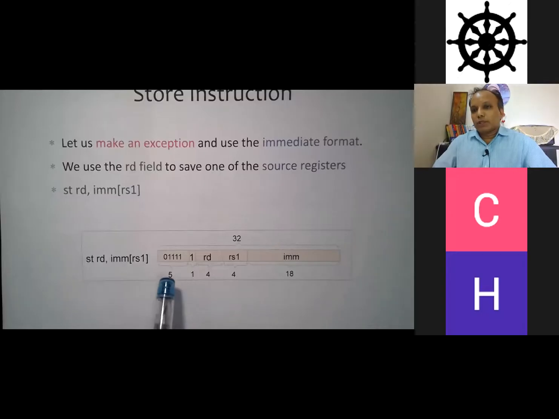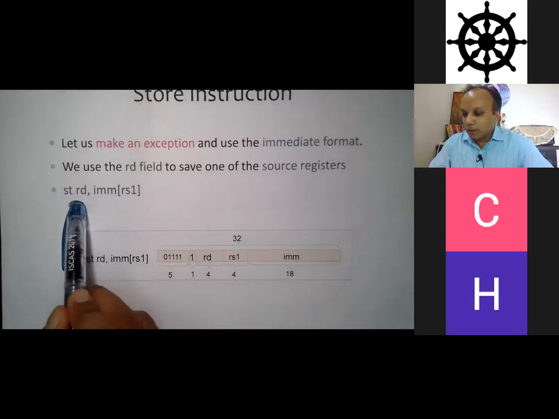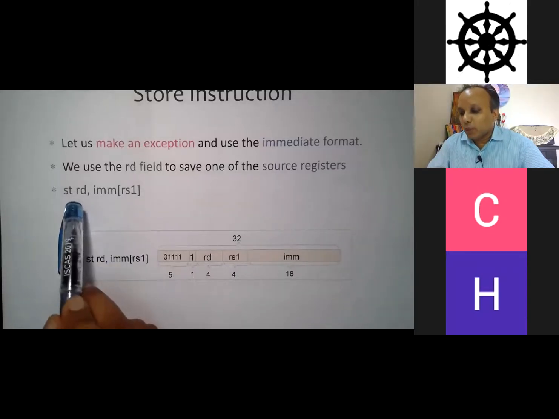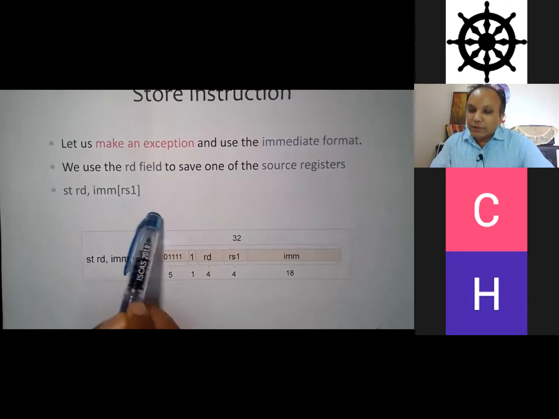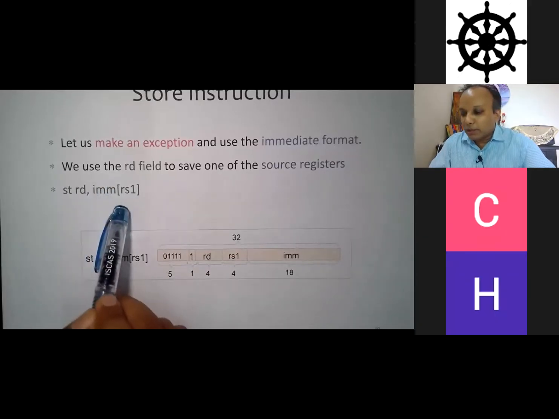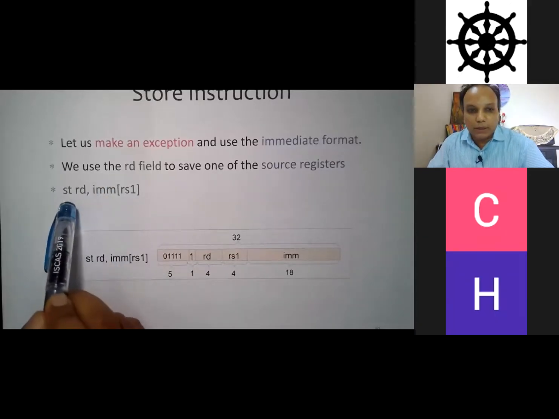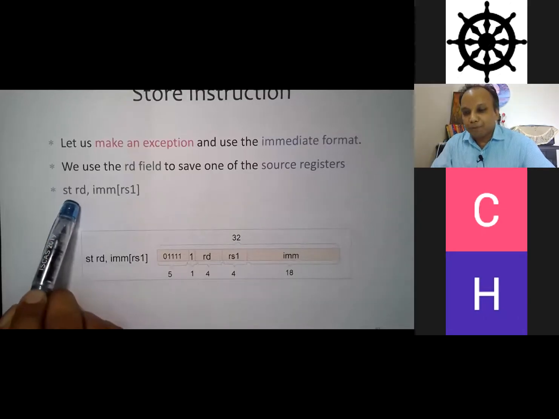The store instruction we have also discussed in the last class. There we have to make some exceptions, because here you have two registers. Both these registers are nothing but source registers, because this address is the destination where you want to store the data, and the source of the data is this register RD.